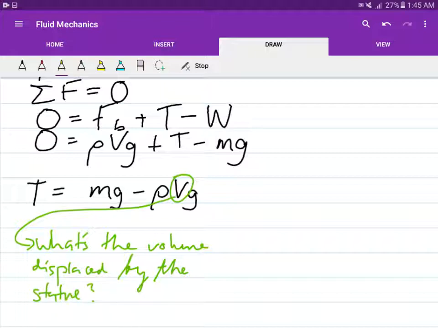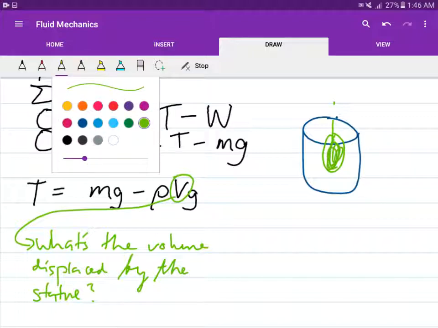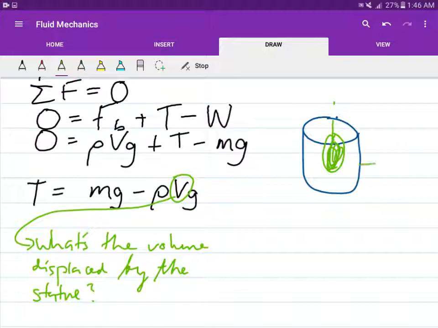If you would imagine a glass full of water, and you submerge the statue inside that glass full of water, the volume displaced is equal to, well, just the volume of the statue.